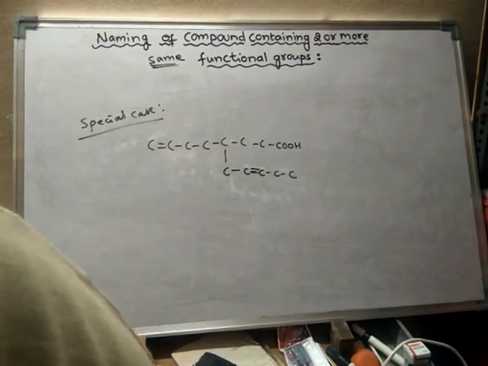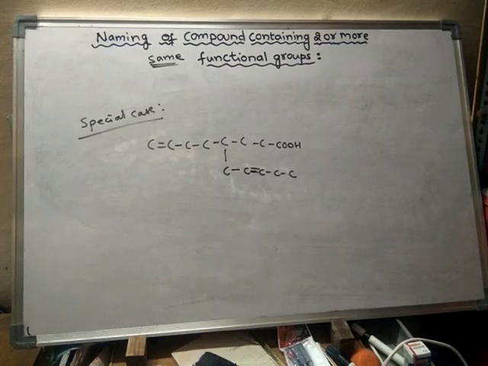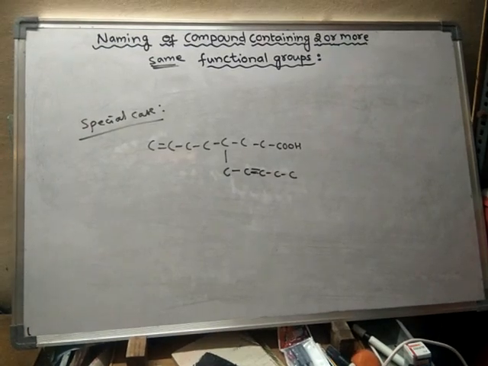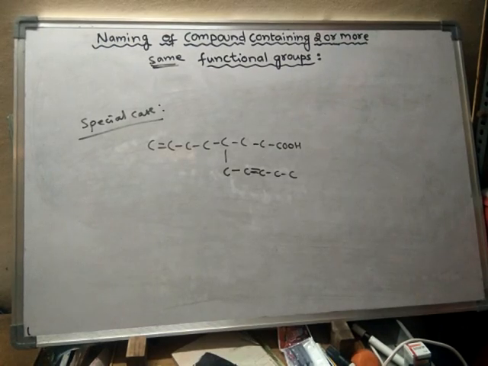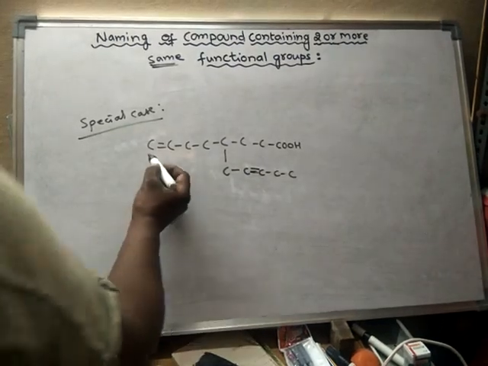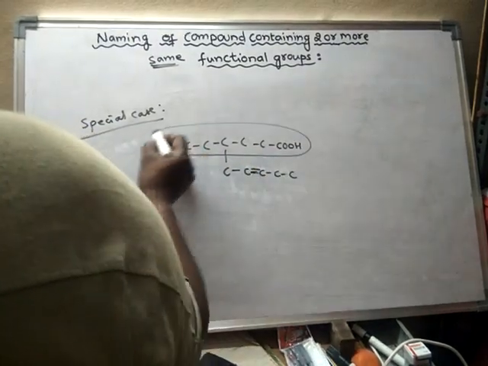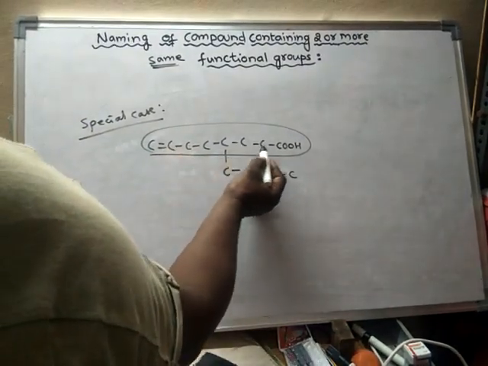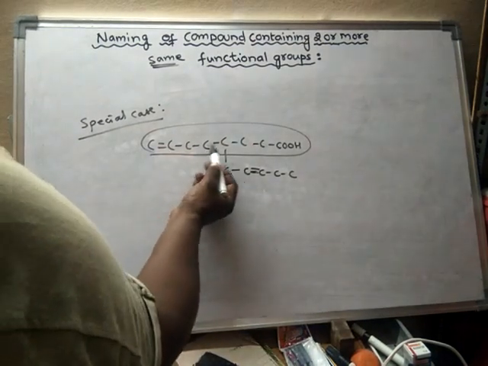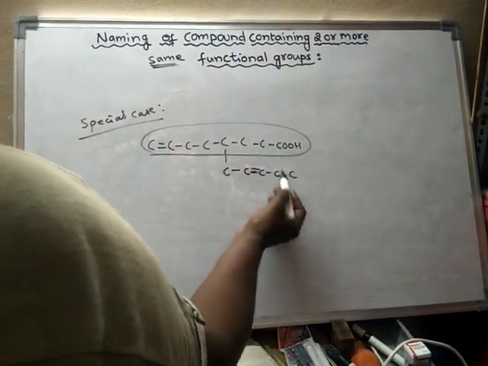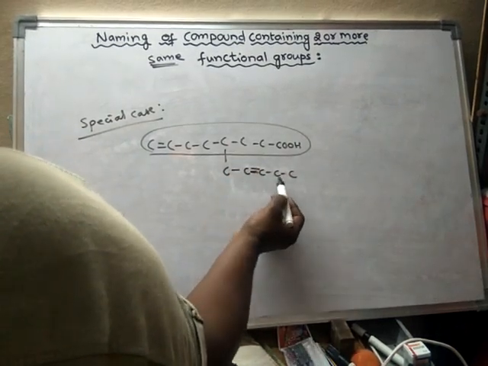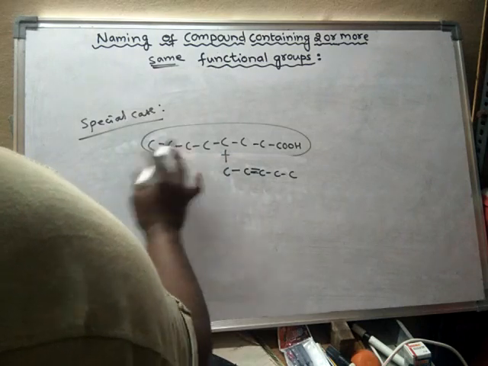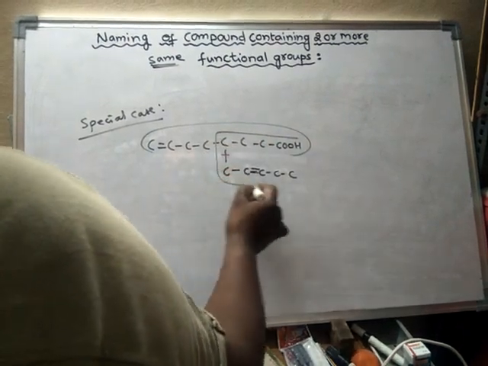In order to name this compound, we have to find the longest continuous carbon chain which includes the maximum number of multiple bonds and the functional groups. It should include the functional group as well as the maximum number of multiple bonds. So now this is the chain. If I consider this as the chain, 1, 2, 3, 4, 5, 6, 7, 8. Suppose I consider this one as the chain, 1, 2, 3, 4, 5, 6, 7, 8, 9. So now I have to consider this one as the longest chain.